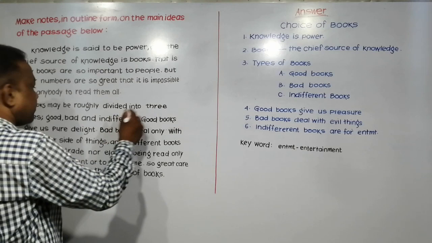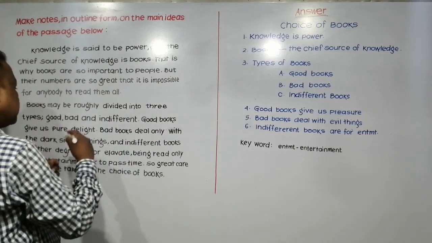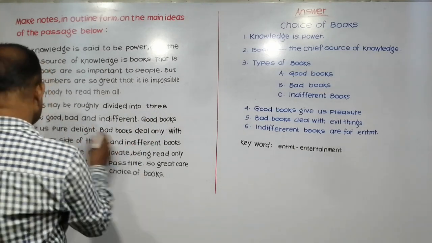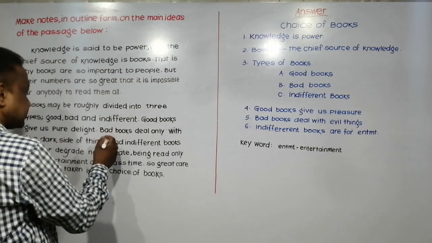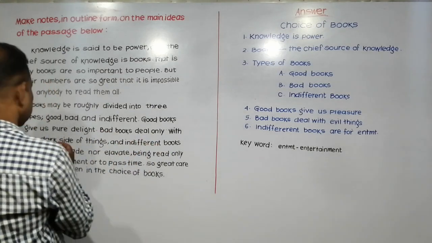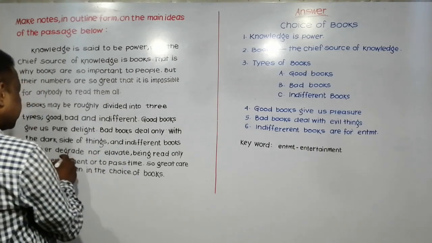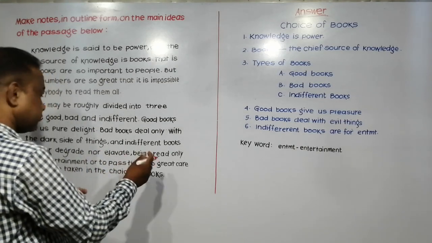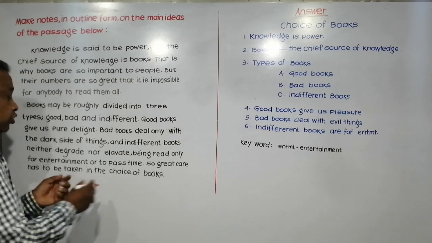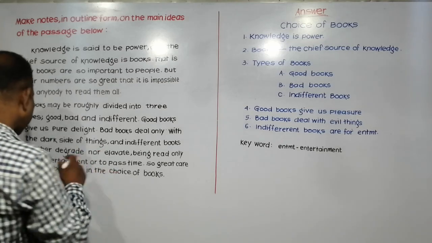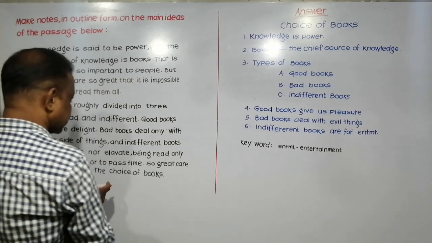Books may be roughly divided into three types: good, bad, and indifferent. Good books give us pure delight. Bad books deal only with the dark side of things. And indifferent books neither degrade nor elevate, being read only for entertainment or to pass time. So great care has to be taken in the choice of books.